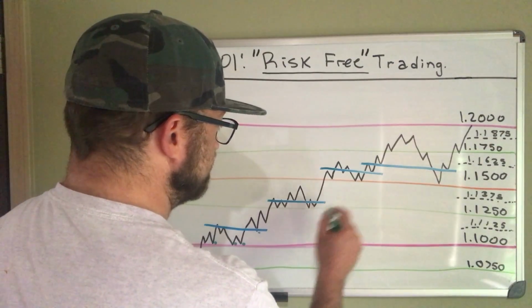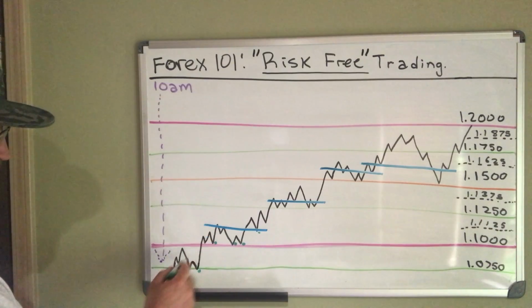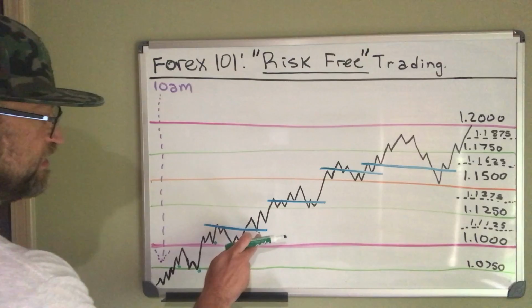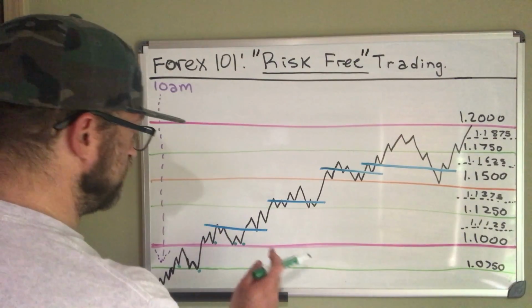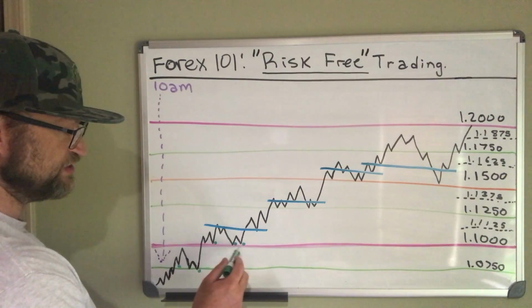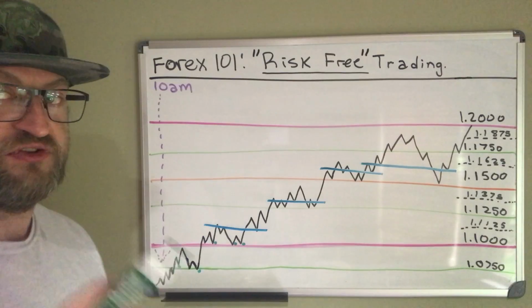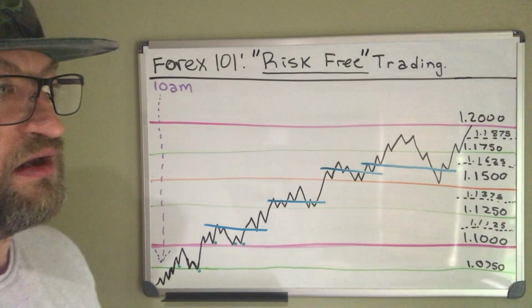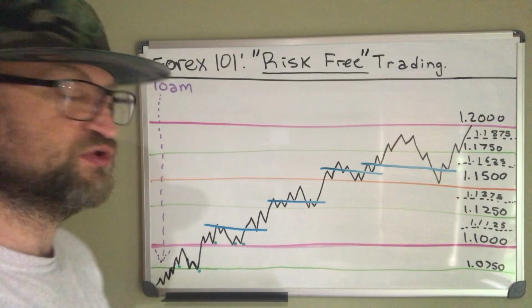You can take as many entries as you want, but the point is, you're going to be in profit once this goes up above here. Now you might want to start your risk off a little bit smaller, so you take smaller multiple positions. Sometimes that's the safest way to go, but sometimes the market just goes way up and doesn't give you time to take multiple positions. So sometimes you just have to take the one position, which is more risky.